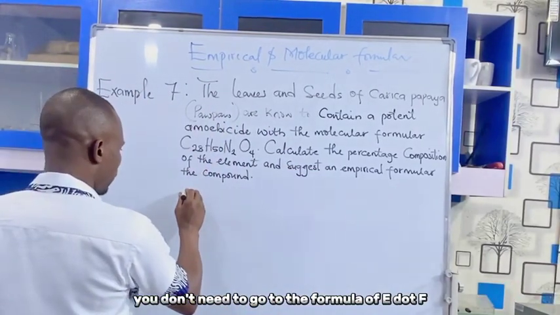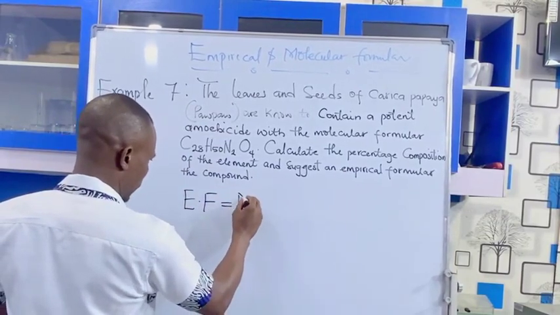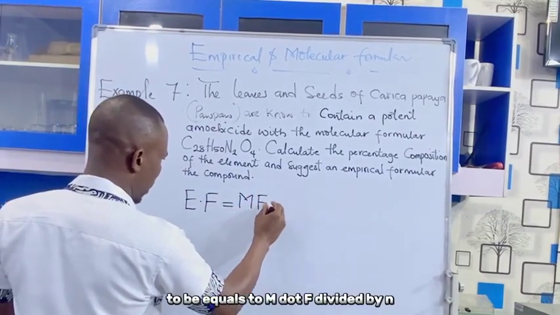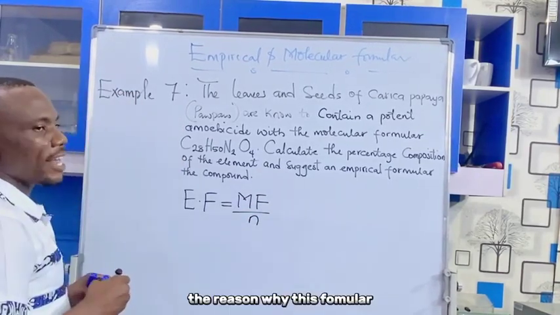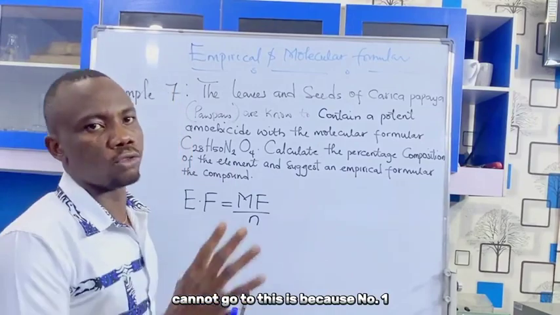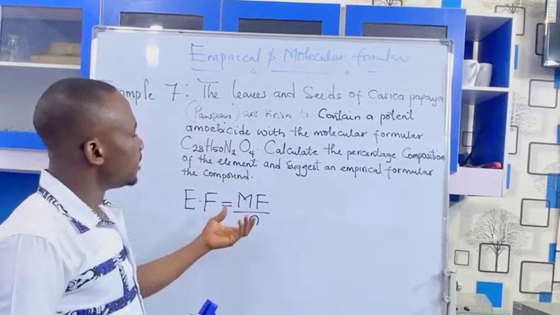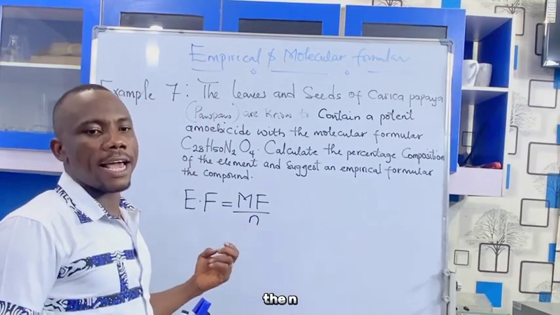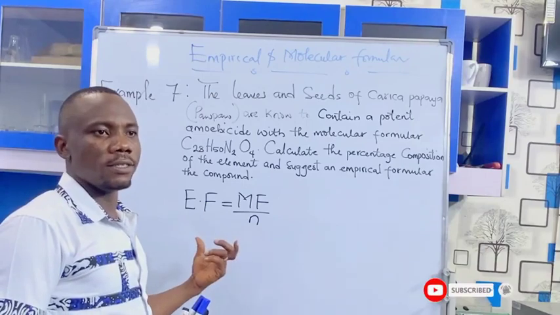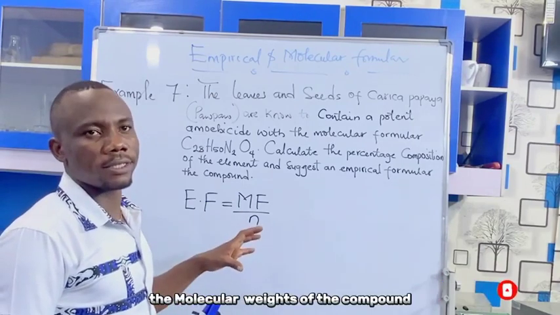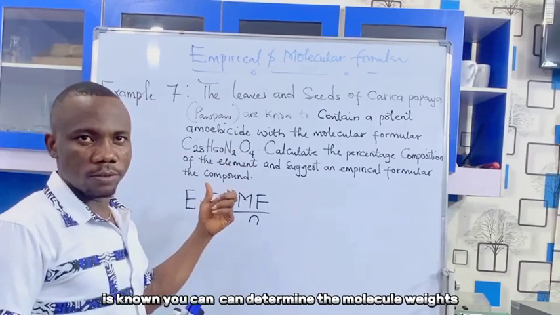In this case, where the molecular formula is given, you don't need the formula E.F. equals M.F. divided by n. The reason why we cannot go through this is because n, which is the molecular weight of the compound, is known.